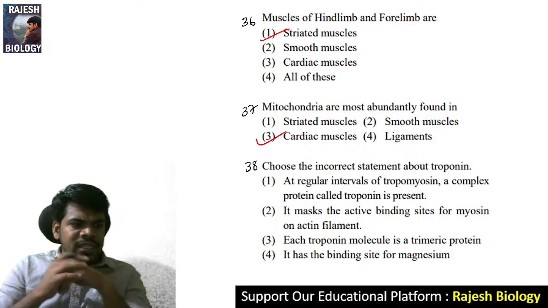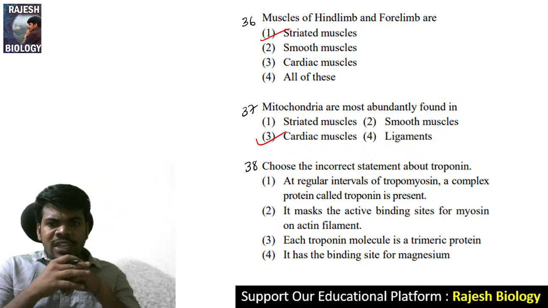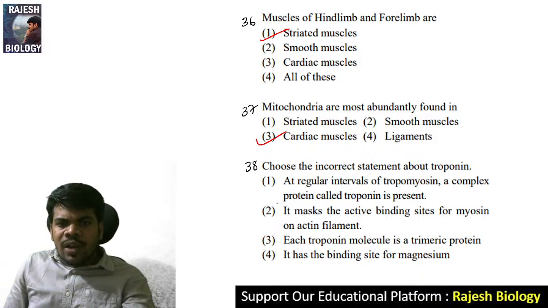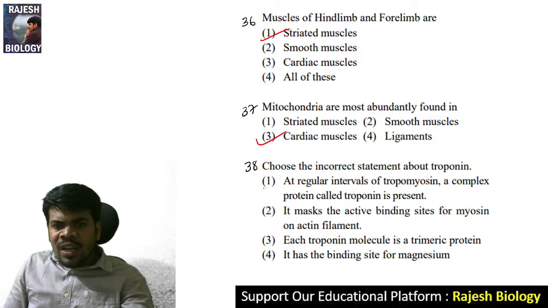And 38. Choose the incorrect statement about the troponin. At regular intervals of tropomyosin, a complex protein called troponin is present, correct. It masks the active binding sites for myosin on actin filament, correct. Each troponin molecule is a trimeric protein, correct.